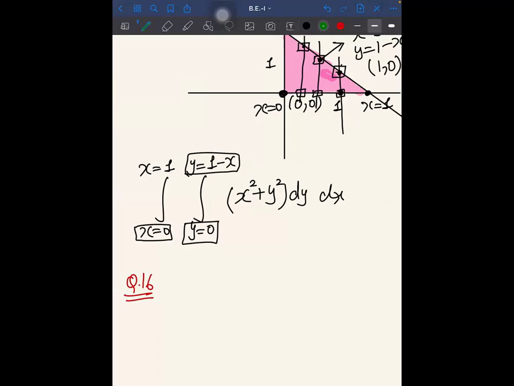So question number 16, we have f of s, t equal to e to the s, log t, over the first quadrant in the st plane. What do you mean by st plane? Just like the xy plane, your s is x, your t is y. Are you with me?